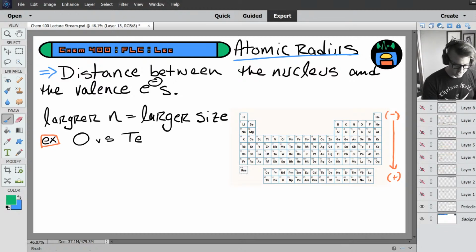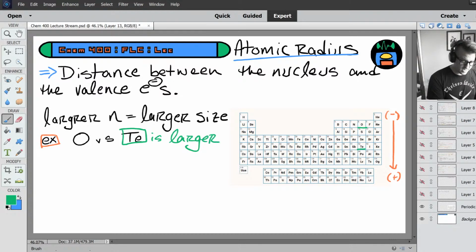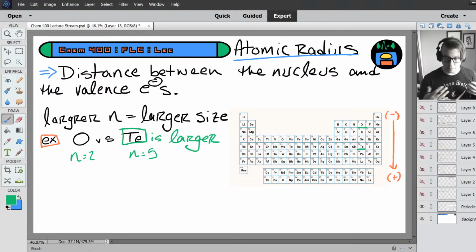Oxygen is here on the second period, tellurium is here on the fifth period. Tellurium is larger because its valence electrons are in the fifth shell, whereas oxygen's valence electrons are in the second shell. All right? And that will always be the case. Whichever element is lower on the periodic table will be the larger atom.